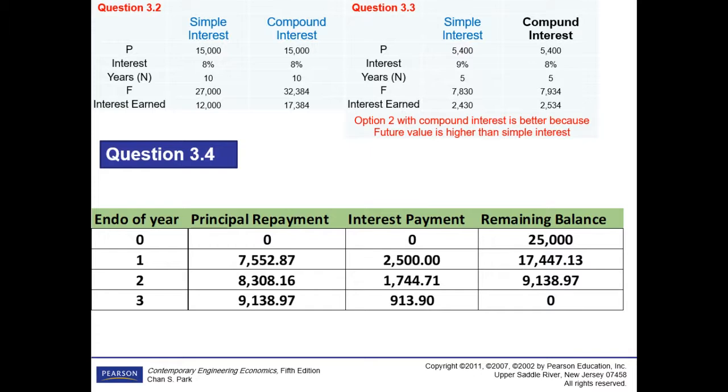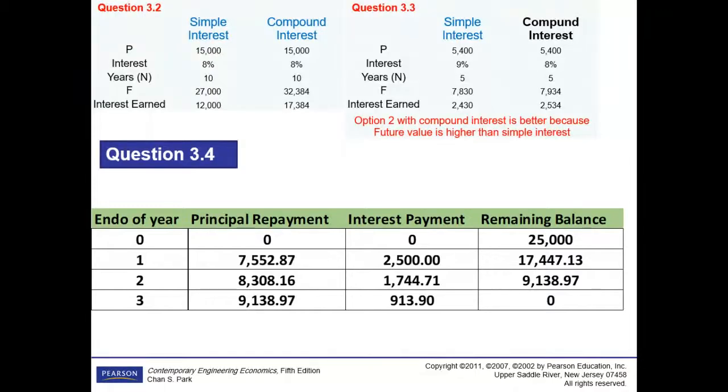So can you tell me what is the interest you are paying over these 3 years? What is the total interest for 3 years? Can someone tell me what is the total interest you are paying? You took a 25,000 loan and you return it in 3 installments of 10,052.87.